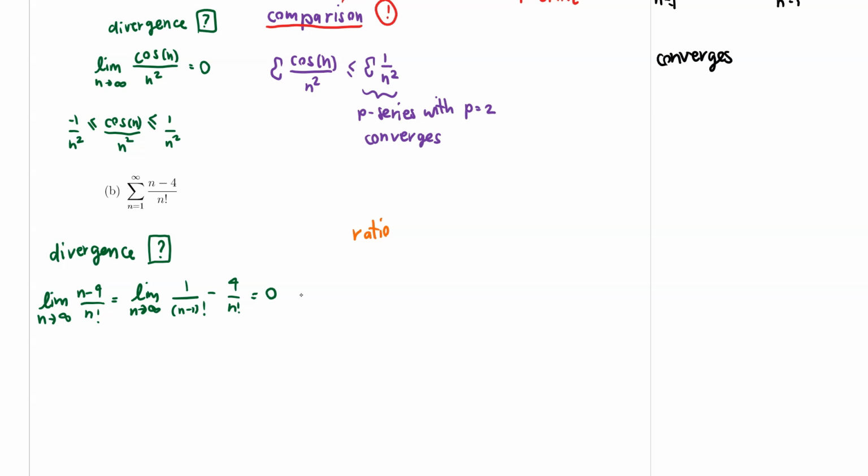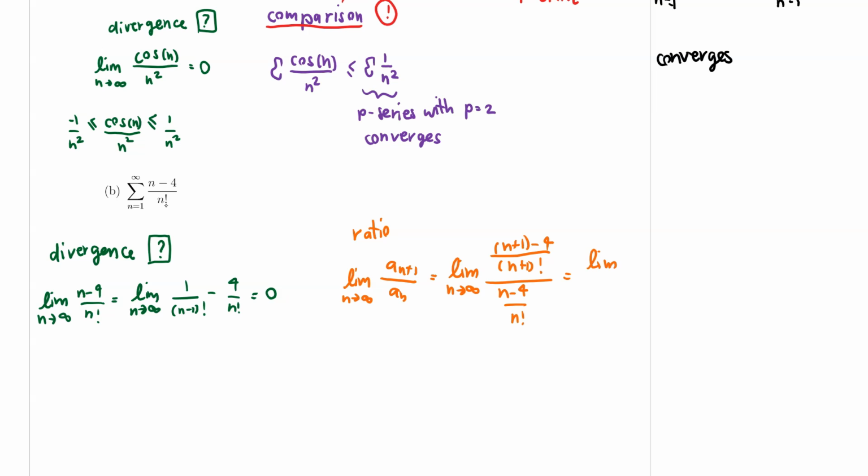Now, if I use the ratio test, I'm going to compute the limit of a sub n plus 1 over a sub n when n goes to infinity. So this is going to be the limit when n goes to infinity of, let me see, the (n + 1) term of this series, which is (n + 1 - 4) over (n + 1) factorial, over (n - 4) over n factorial.